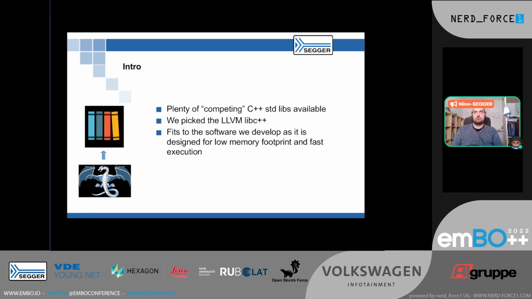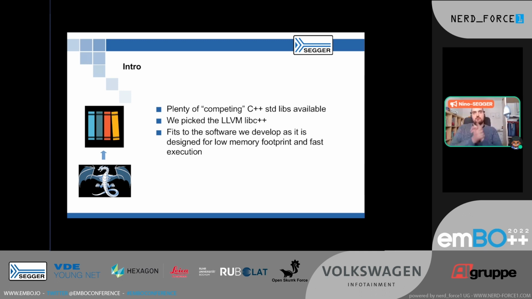The most important reason was that they already focus a lot on small and fast code, which in our usually size and speed constrained embedded systems is something that we're looking for, and it fits nicely with the rest of our toolchain, which is also designed with this in mind. And if you're wondering why there's a dragon on my slide, it's actually the logo from the LLVM project. I was surprised myself and I liked it, so it's on my slides.